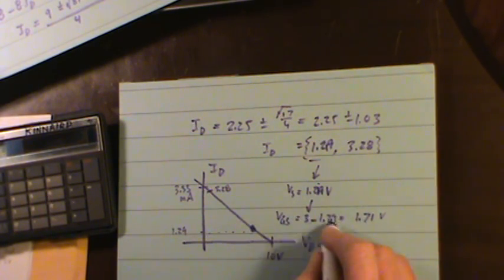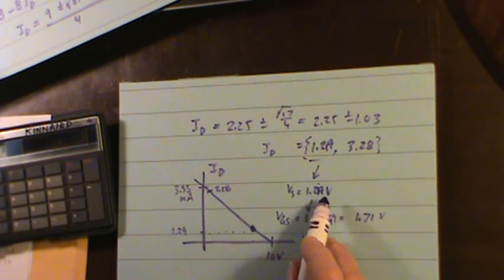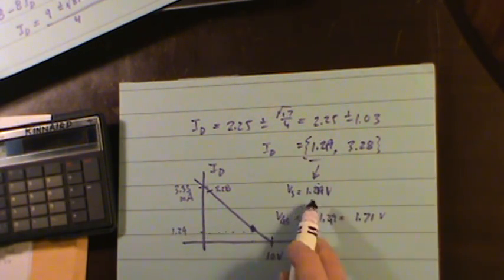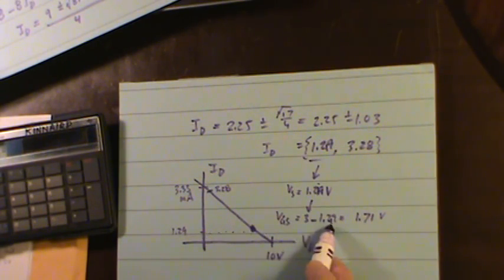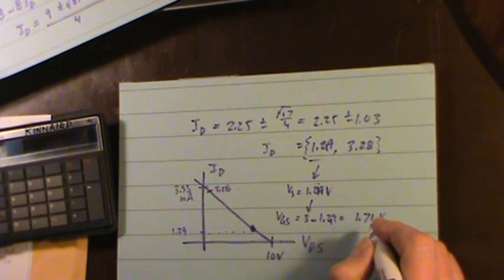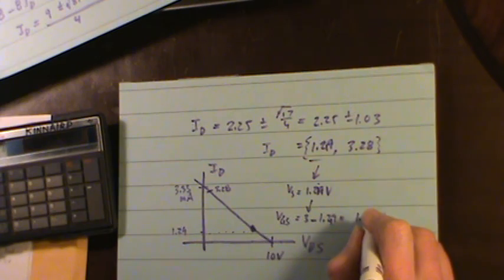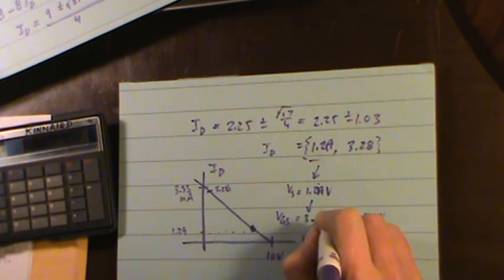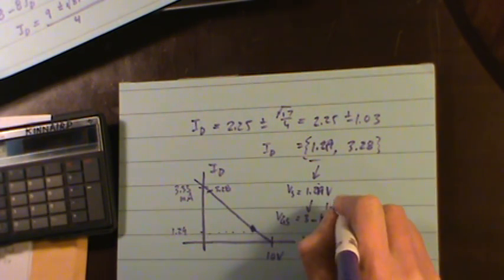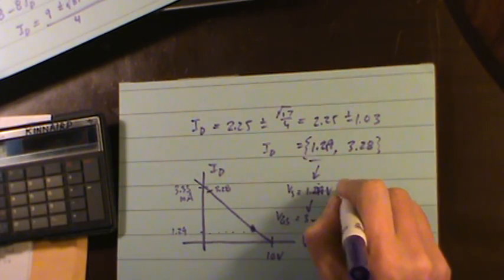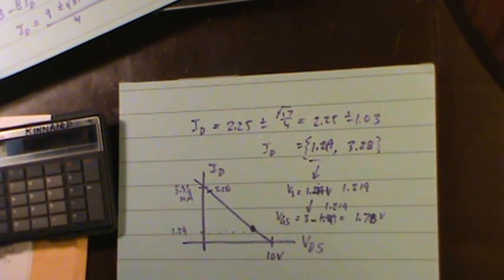So carry that mistake through: 1.219 instead of 1.29. 3 minus 1.219 is 1.78. Okay, so VGS is 1.78 volts.